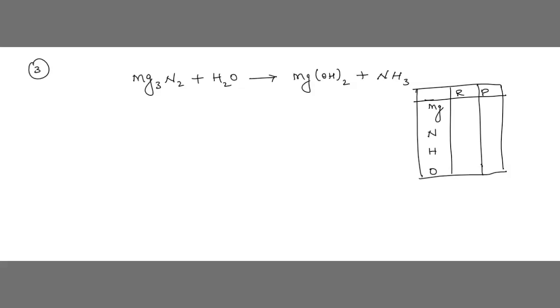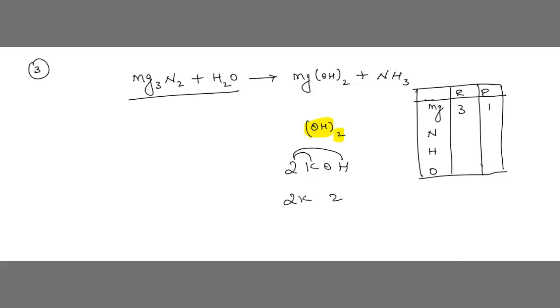How many Mg do we have, children? 3 Mg on the reactant side. How many Mg on that side? We have 1 Mg. Okay, I told you, if we have written OH twice, this 2 is only for OH. If you write 2KOH, this 2 is for K also and this 2 is for O also.